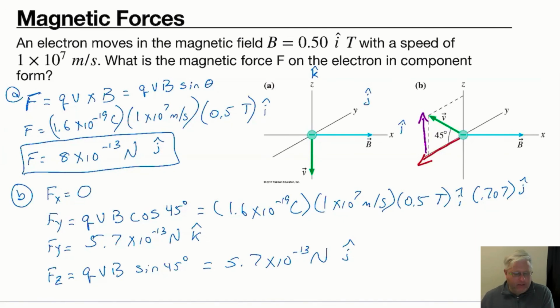But yeah, we're always dealing with 3 dimensions. So if we're crossing any one plane, like the XY plane, then the force has to be perpendicular, in the Z direction. And it's always Q crossed V, Q comes first, cross B comes second.